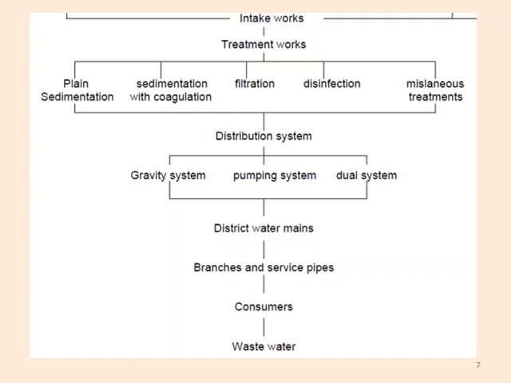After the treatment or purification of the water, we have to distribute that water by majorly three systems to the consumer by laying district water mains or branch pipe or service pipes. And after consuming that water, we generally produce wastewater.